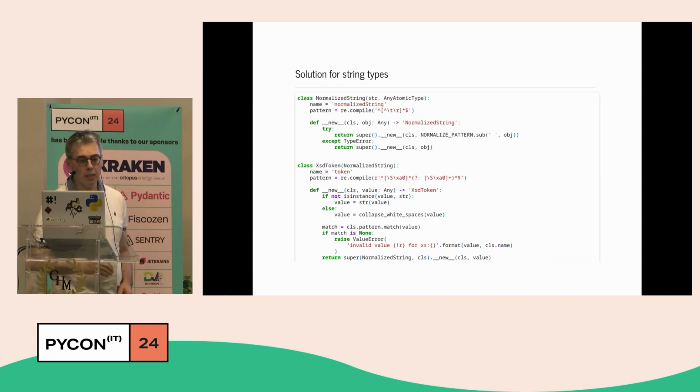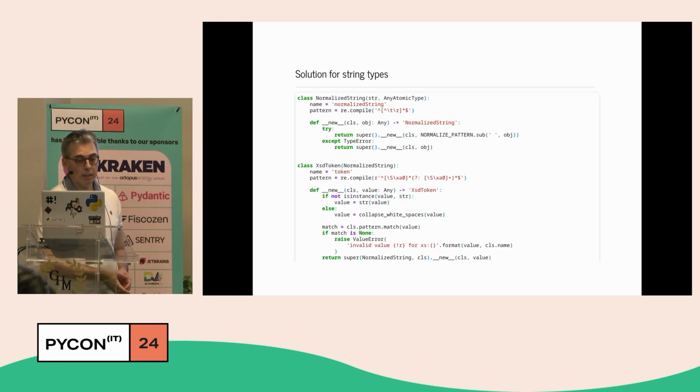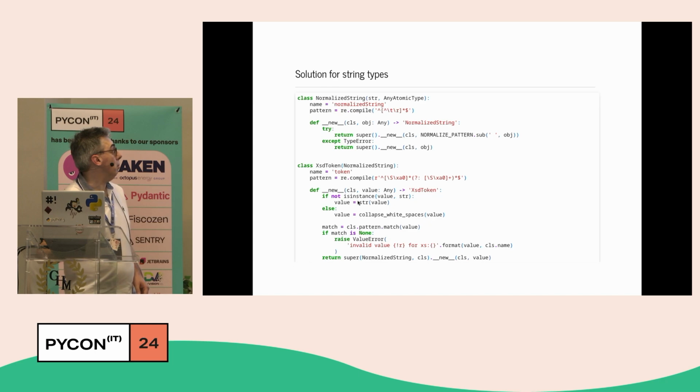The solution for string types is a bit complicated because I wanted to use a basic Python data type. So I derived normalized string, which is the first derivation from string, derived both from string and from any atomic type.